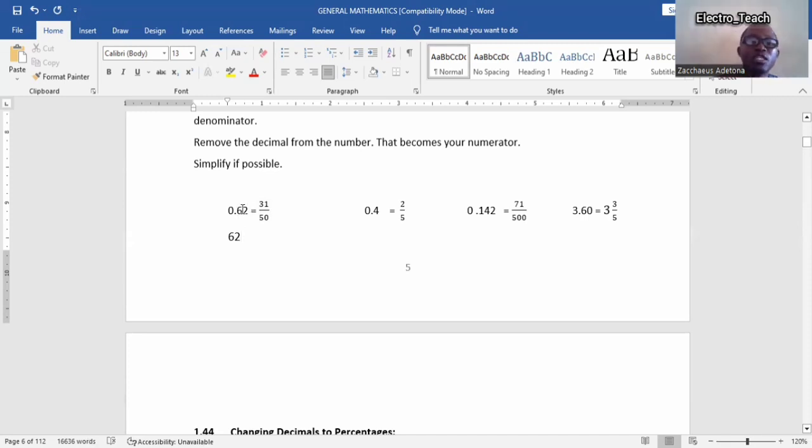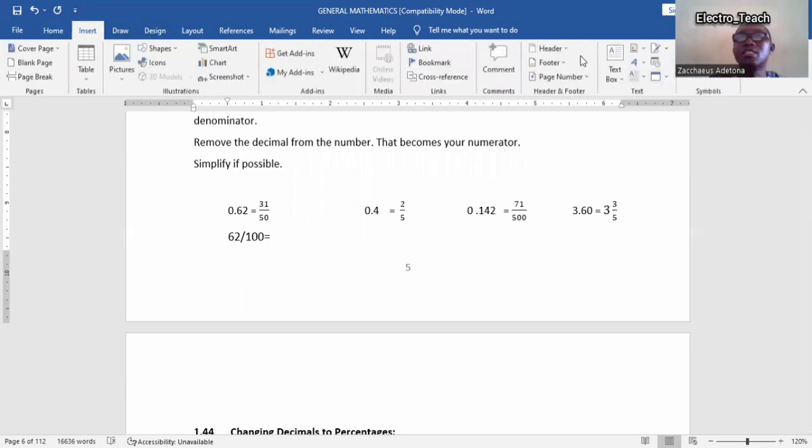And the number of digits after the decimal point will determine how many zeros you are going to add to the 1. So this one becomes 62 divided by 100, which if you write it as a proper decimal fraction, we may have something like this.